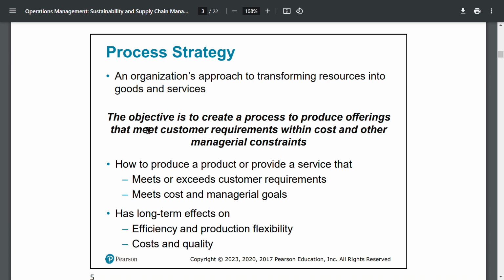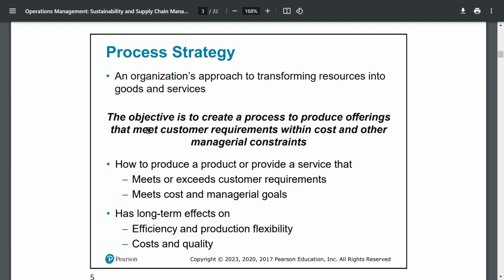This product will go extinct because customers are not being satisfied with it, and it should also meet the cost and managerial goals. So we have a sustainable company, not losing money. We need a sustainable company that's always making profits, and it also has long-term effects on efficiency and production flexibility, and on costs and quality.